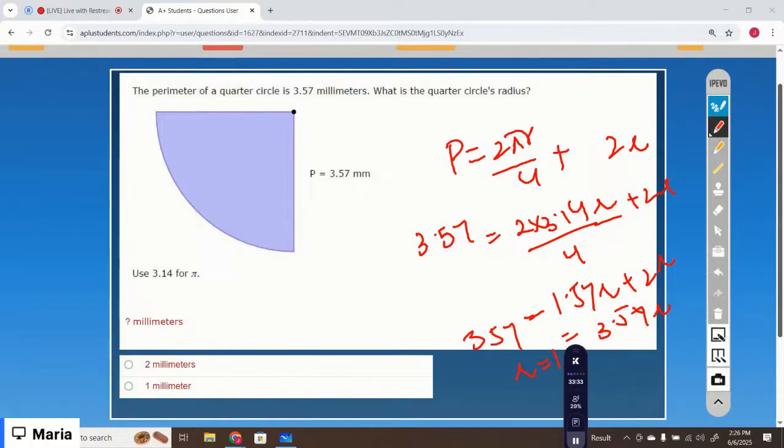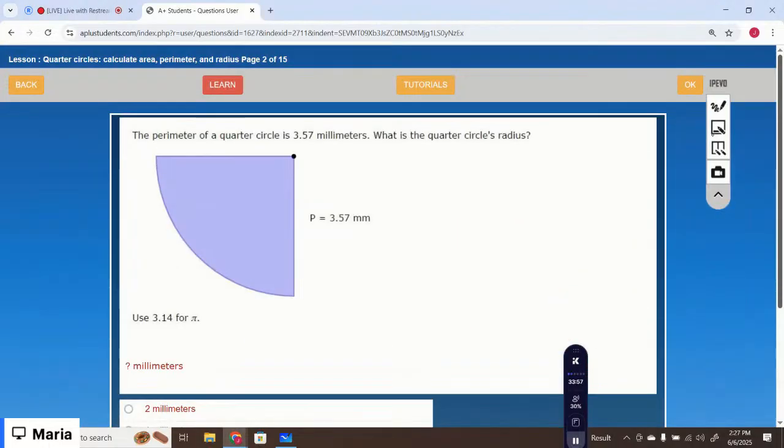So r equals 1. The correct option is 1 millimeter. Option number 2 is the correct option. That is 1 millimeter. Option number 3 is the correct option.